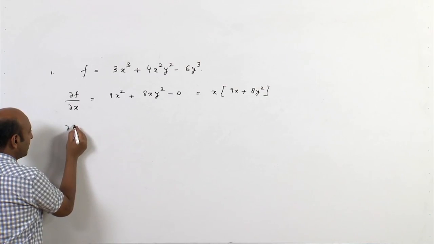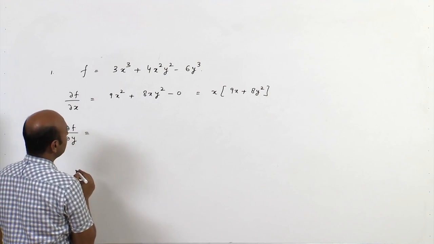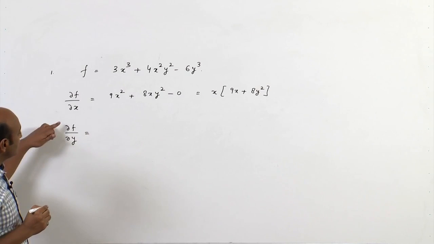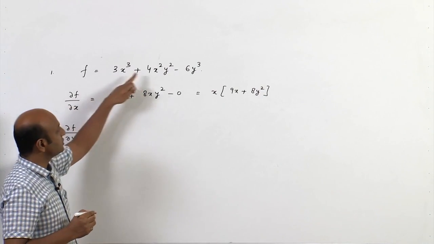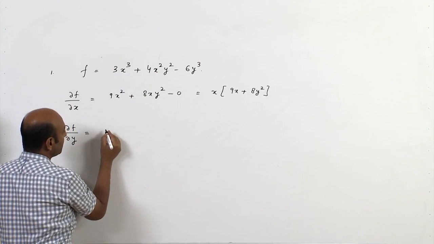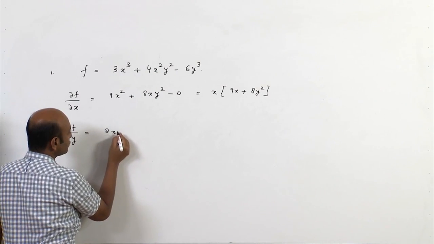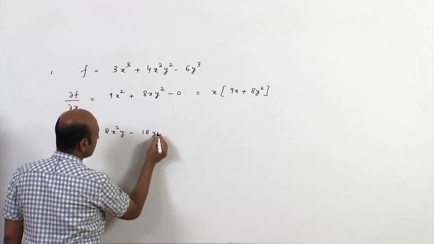Now, similarly, if you want to find out del f upon del y, you have to differentiate f with respect to y partially. That means, you have to take x as a constant, okay. So, this is 0 and this is 8x square y minus 18y square.